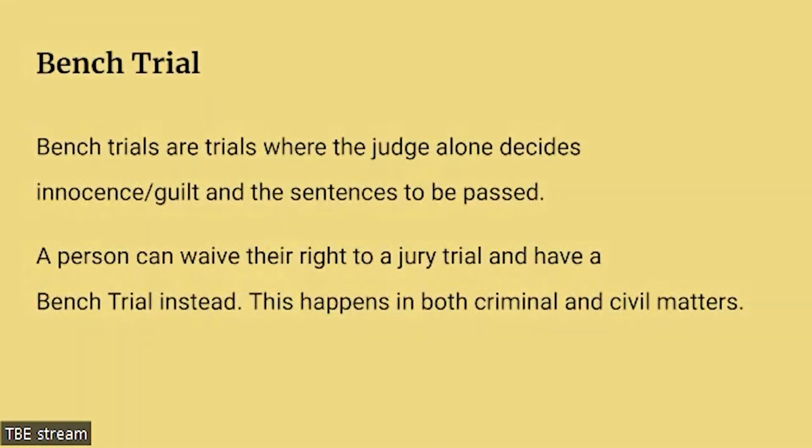We have bench trials. Bench trials are trials where the judge alone decides innocence or guilt and the sentences to be passed. A person can waive their right to a jury trial and have a bench trial instead. This happens in both criminal and civil matters.